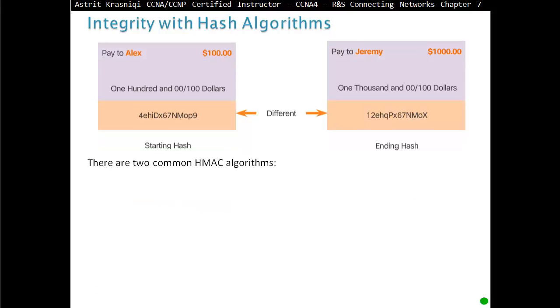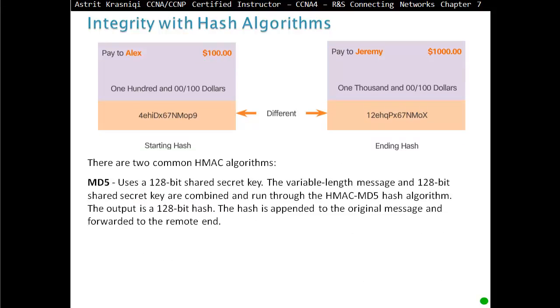There are two common HMAC algorithms. MD5 uses a 128-bit shared secret key. The variable length message and the 128-bit shared secret key are combined and run through the HMAC MD5 hash algorithm. The output is a 128-bit hash. The hash is appended to the original message and forwarded to the remote end.